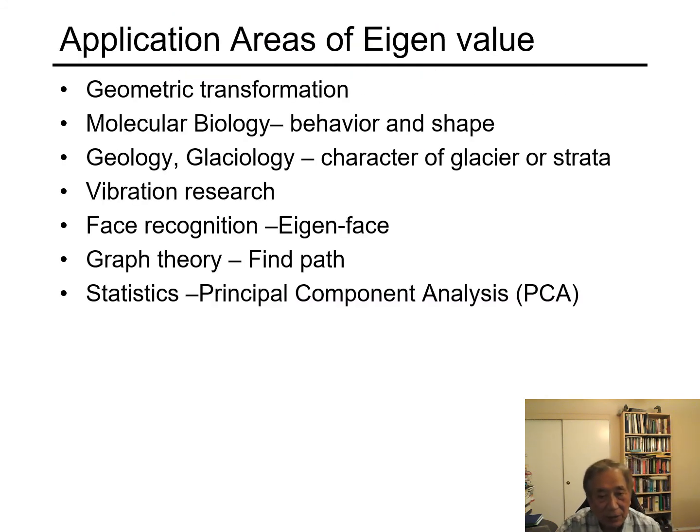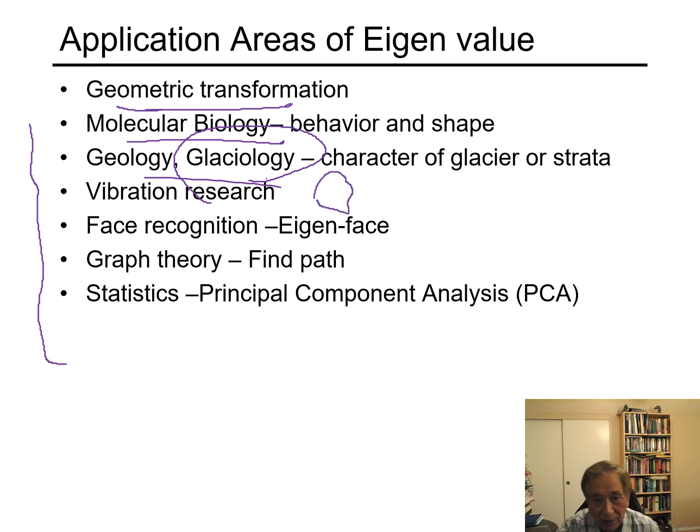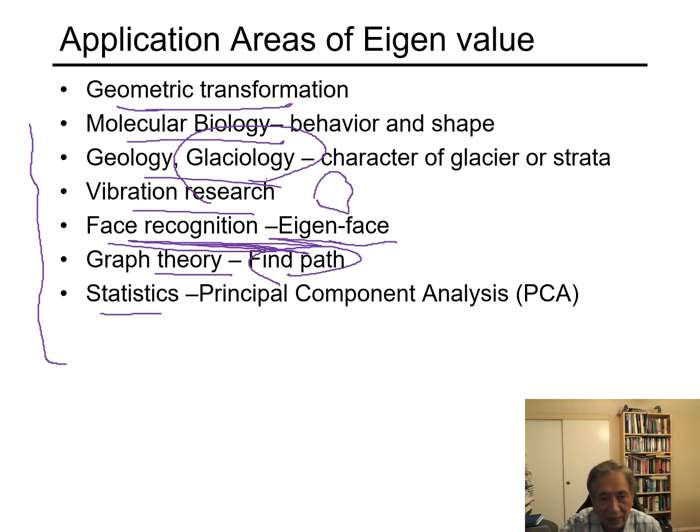So this is where these things are being used: eigenvalue for geometric transformation, molecular biology, and geology. Glaciology, that is the iceberg, its shape and movement, and vibration, and face recognition by the eigenface, and graph theory finding the path, and then statistics.